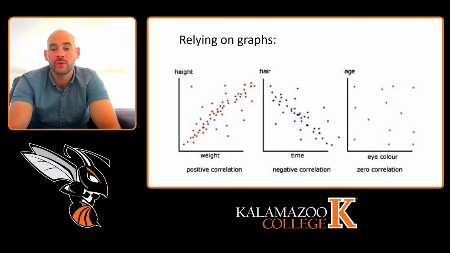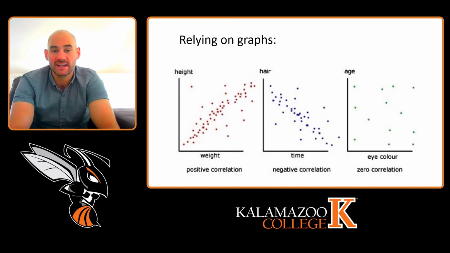So when we use graphs such as scatter plots, like these three graphs, we look for a visual relationship between a change in one variable and a change in another. Based on the graphs in this image, which variables appear to be related?